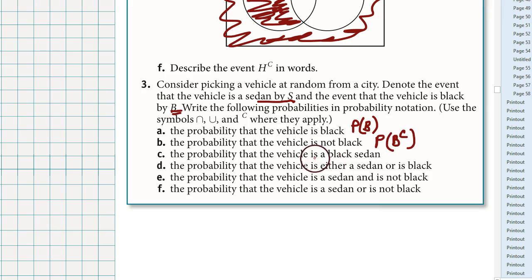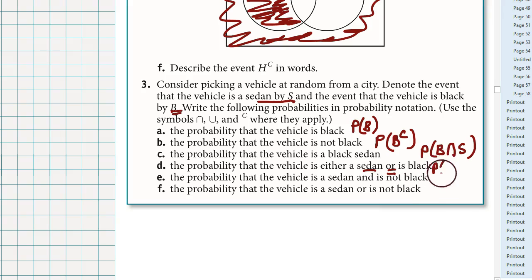Question C, the probability the vehicle is a black sedan. So you'd write P for probability, but you want it to be a black sedan, so you would say B intersected by S. You have to have this symbol in the correct direction. Now question D, what's the probability the vehicle is a sedan or it's black? I'll pause the video for you to try that.